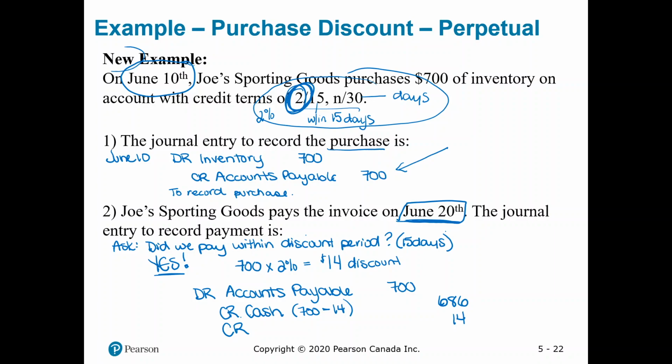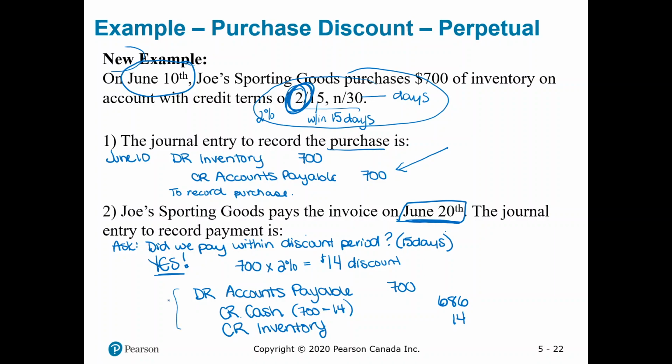And because we received this discount, we're ending up paying less for the inventory that we purchased. And because the cost of our inventory went down, we credit the inventory account to show that reduced price. So these will always be the types of entry you see if you've paid within the discount period.